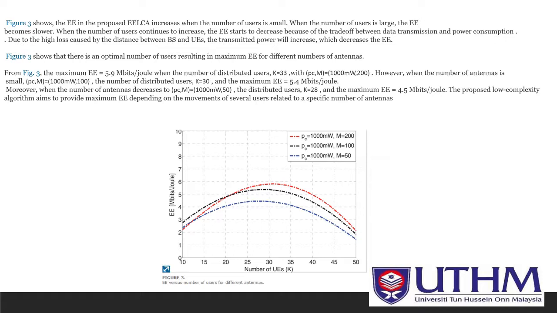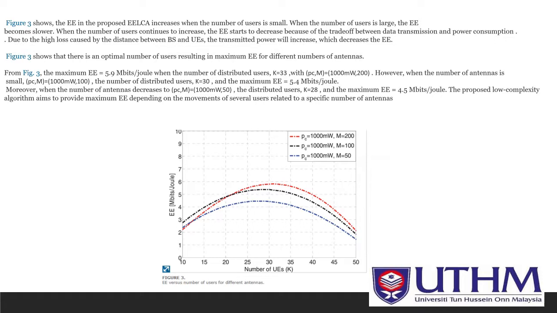Also, Figure 3 shows that there is an optimal number of users resulting in maximum EE for different numbers of antennas. The maximum EE is equal to 5.9 megabit per joule when the number of distributed users K is equal to 33 with PC equal to 100 milliwatt and M equal to 200.